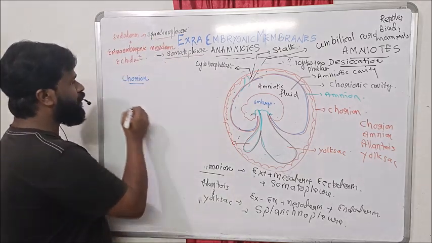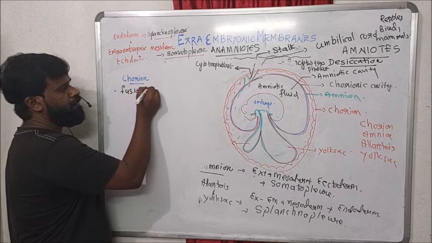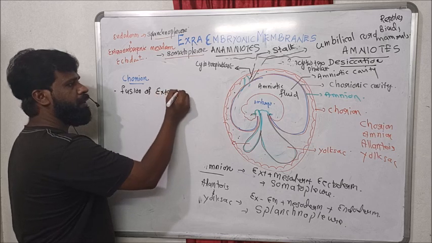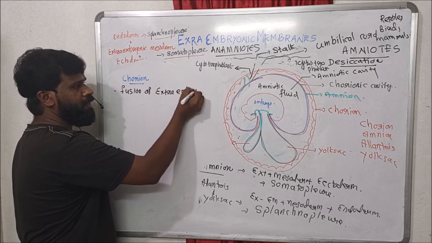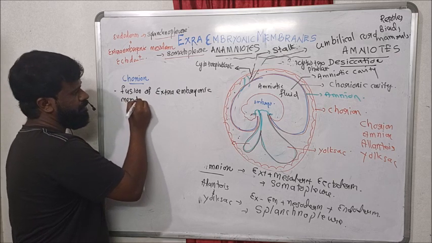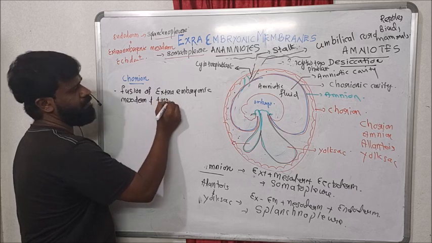This chorion is formed by the fusion of extraembryonic mesoderm and trophoblast.